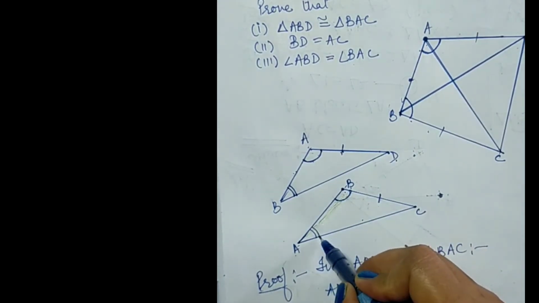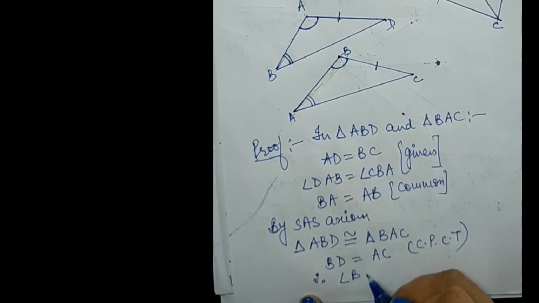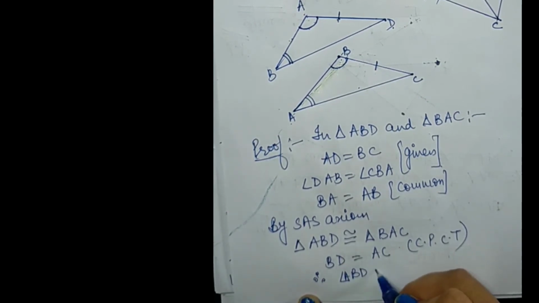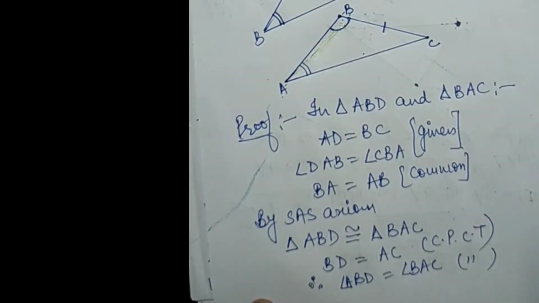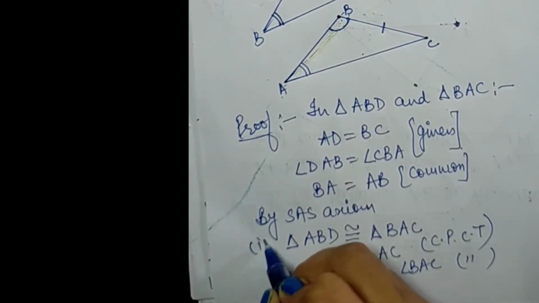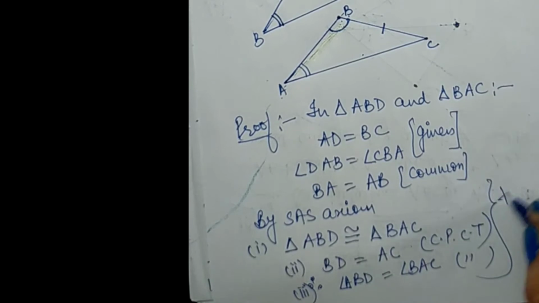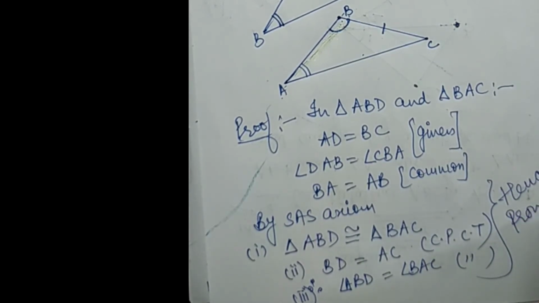You can find it at the same position. So therefore angle ABD is equal to BAC, again by CPCT. So this was your first part, this was second one, and this was third one. Hence proved.